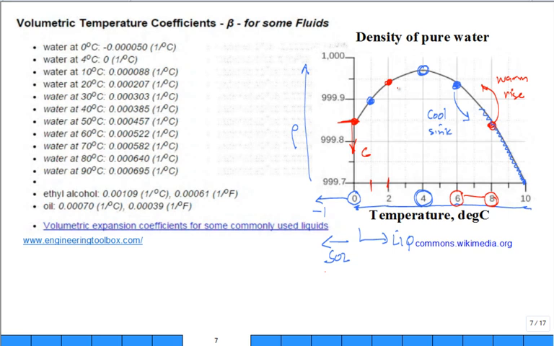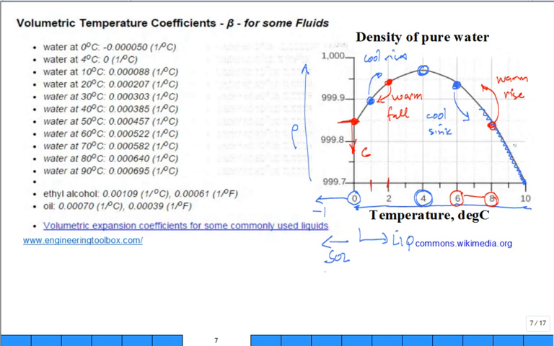Yes. All right. So what's the more dense fluid going to do? The warmer fluid will fall while the cooler fluid rises. Compare. Guess what? Isn't it the opposite?